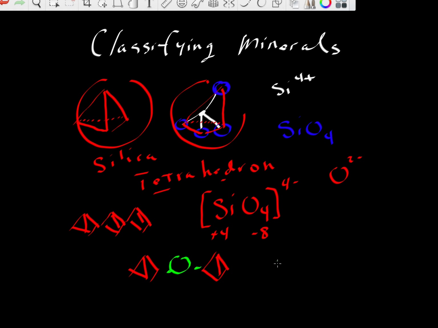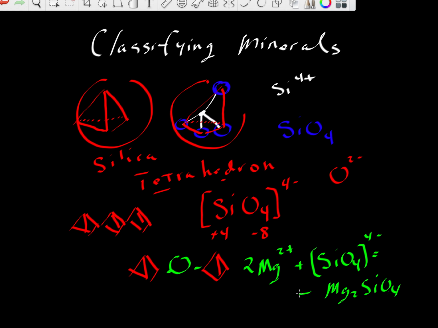So for example, we can have magnesium, which has a 2+ charge. If we have 2 of those, they could bond with the SiO4 units that have a 4- charge, and those two magnesiums would satisfy charge balance, and we'd have Mg2SiO4, and that's a member of the olivine group, and it's a mineral called forsterite.